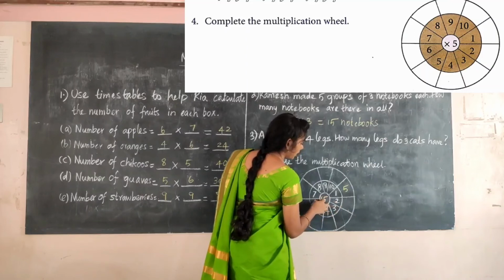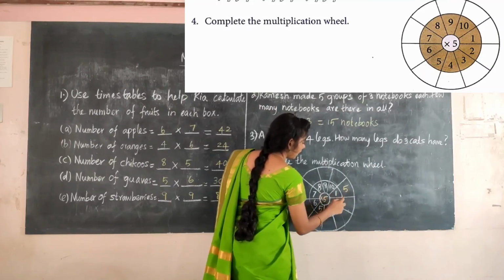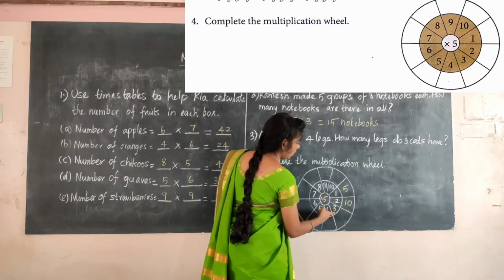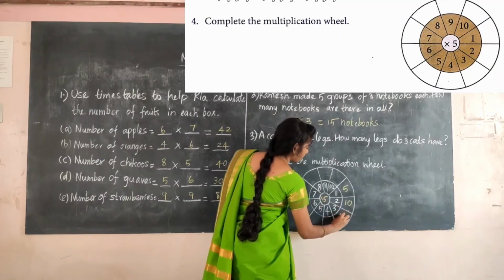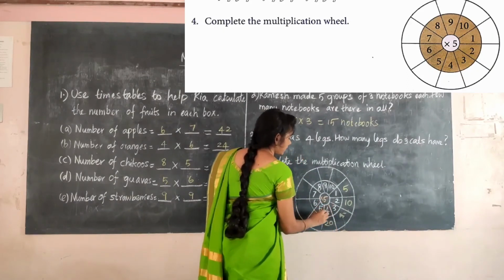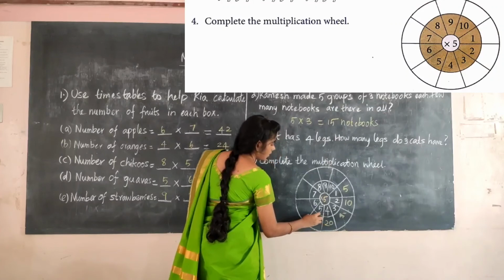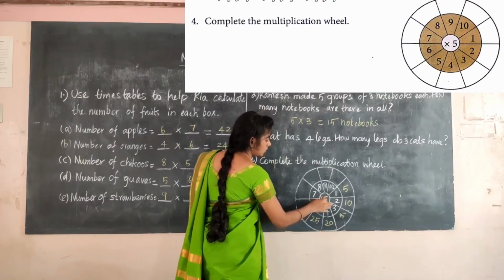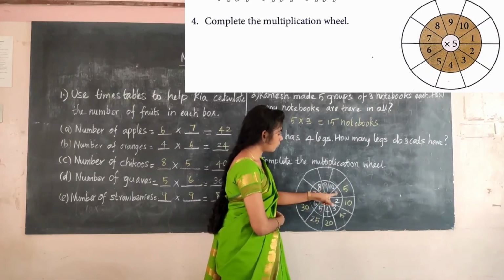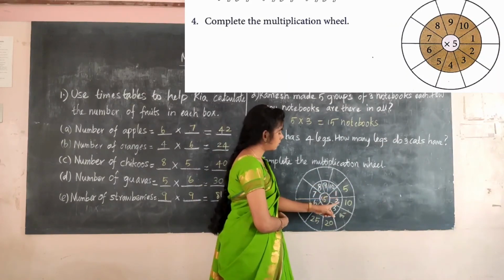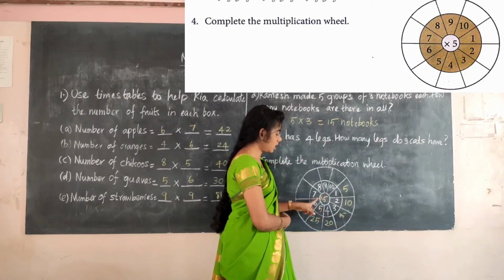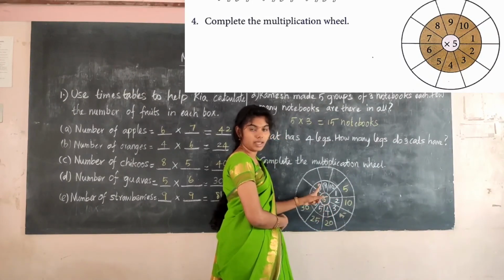Then 2 5 sir, 10. 5 3 sir, or 3 5 sir, 15. 4 5s are 20, 5 5s are 25, 6 5s are 30. You can say like this both ways, 1 5s are or 5 1s are, then 2 5s, 3 5s, 4 5s, 5 5s, 6 5s, 7 5s, 8 5s.